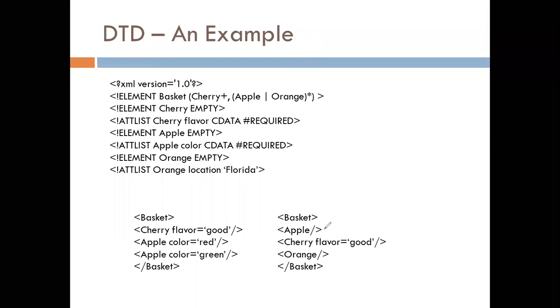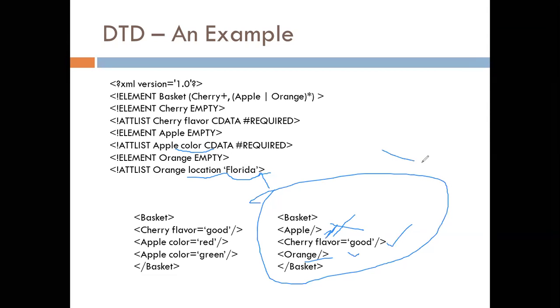Here the apple is not containing the color attribute, and orange also is not containing the attribute, but in orange #REQUIRED is not written, which means it is optional, so that is valid. For cherry, the flavor attribute is there, but for apple, the color attribute is not there. So this entire second one is an invalid XML.